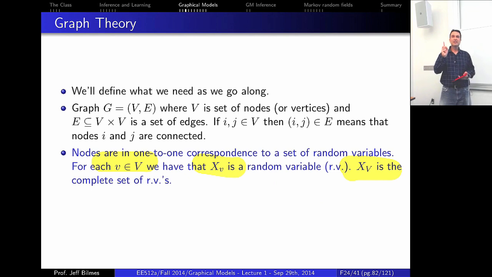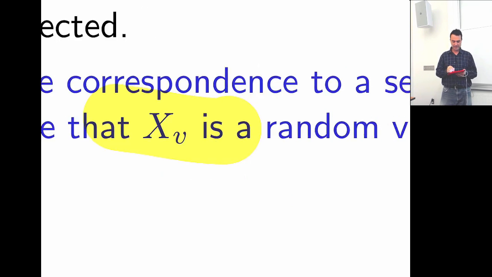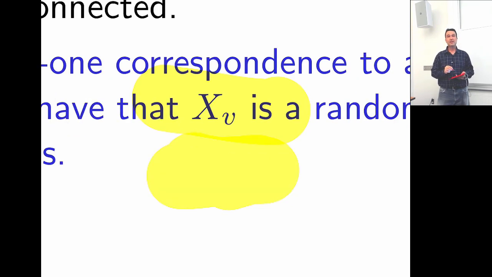Okay, and then x sub lowercase v, where v is one element in V, corresponds to one random variable. Now, this is important, there's nothing that absolutely says that x of v has to be a scalar random variable. X of v could itself be a vector as well. But the atomicity of the graphical model is that you don't say anything further about x sub lowercase v.